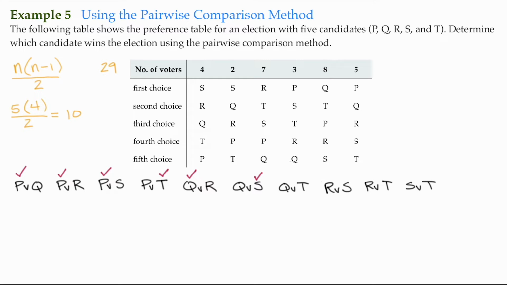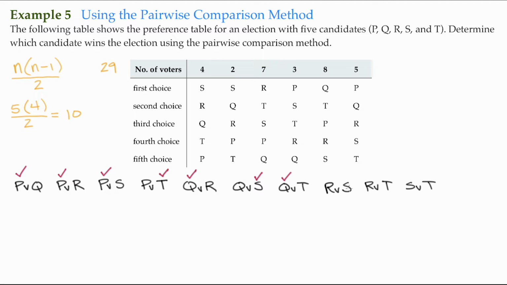So Q beats out T. And we just do that for each one. Here's something interesting to point out. We have P wins here over Q, and P wins over T, but here Q wins over T. So that's just an interesting comparison that we're making here.